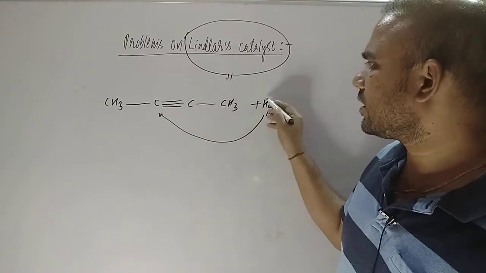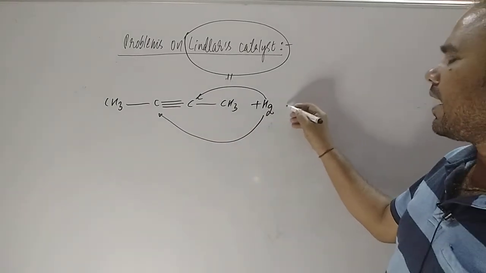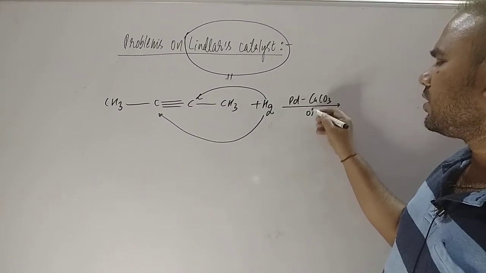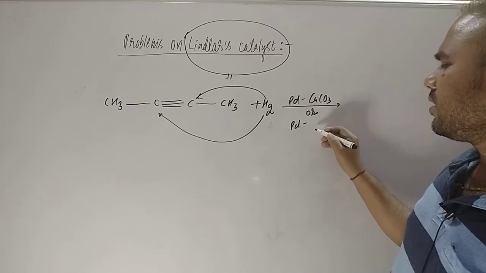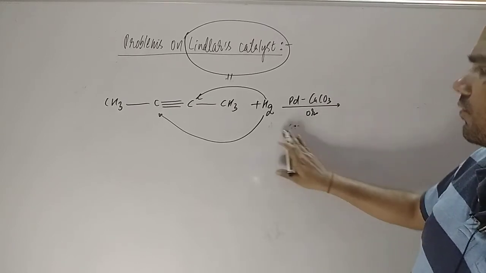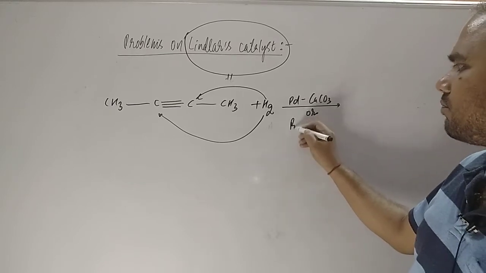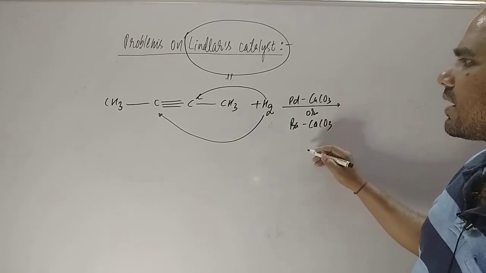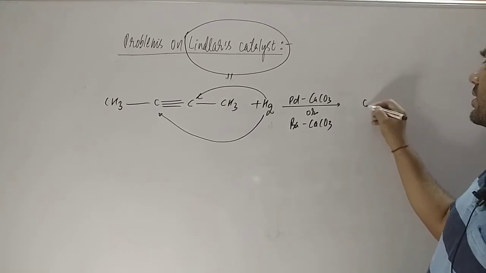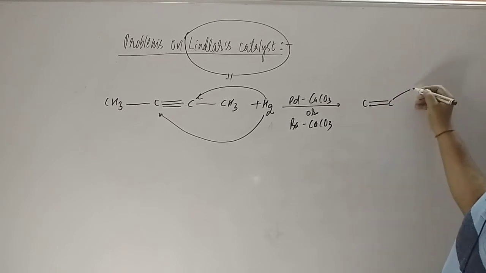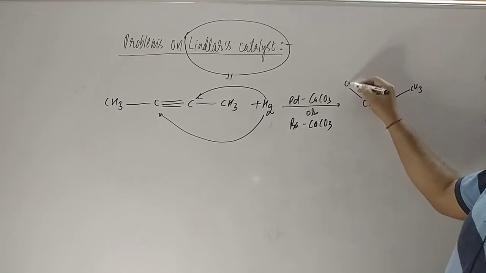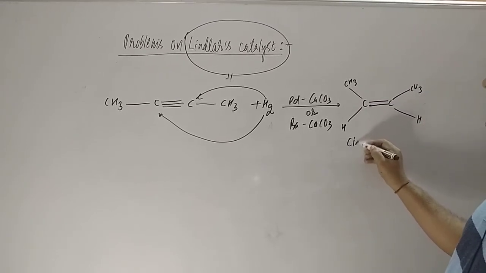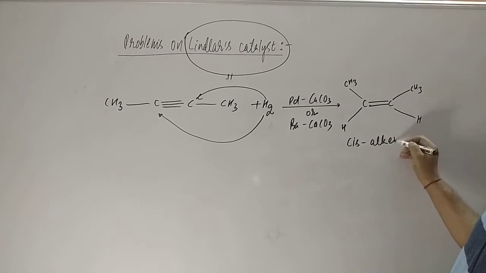One hydrogen will go here, another hydrogen goes here, and the catalyst is Pd CaCO3, or Pd with barium carbonate. Any one you can use. These are the Lindlar catalysts. So what will happen, students? Here it will give a cis alkene. Here CH3 is going, here again CH3, and here hydrogen and hydrogen. This is known as a cis alkene.